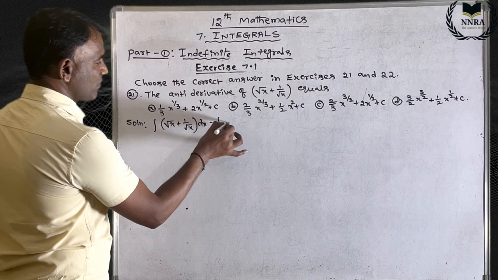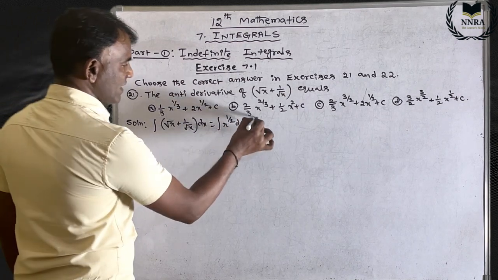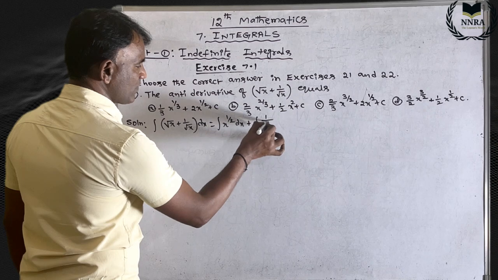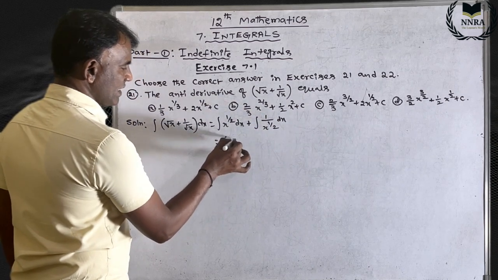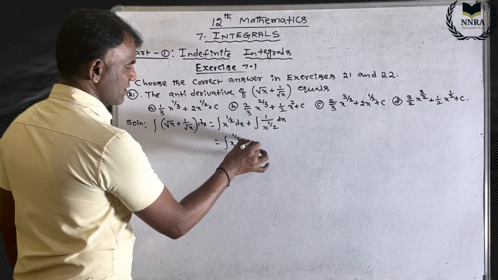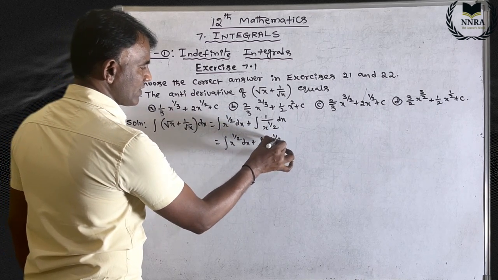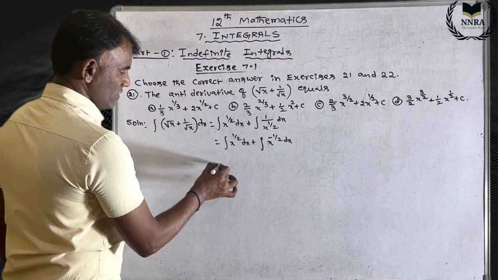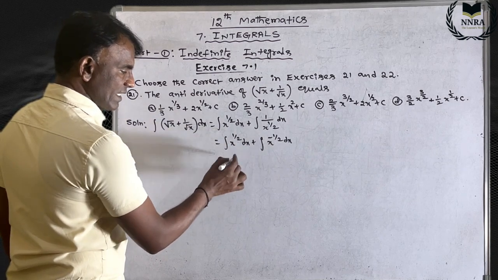Then integral x power 1 by 2 dx, and this can be written as integral 1 by x power 1 by 2 dx. Again it is integral x power 1 by 2 dx. If we write x power 1 by 2 in the numerator, we get minus 1 by 2. So x power n, right? What is integral x power n dx?